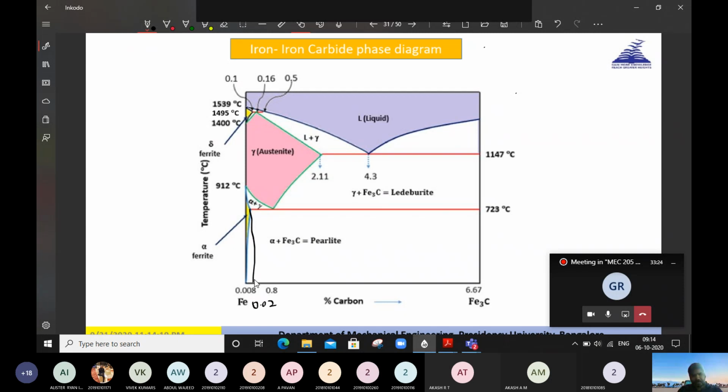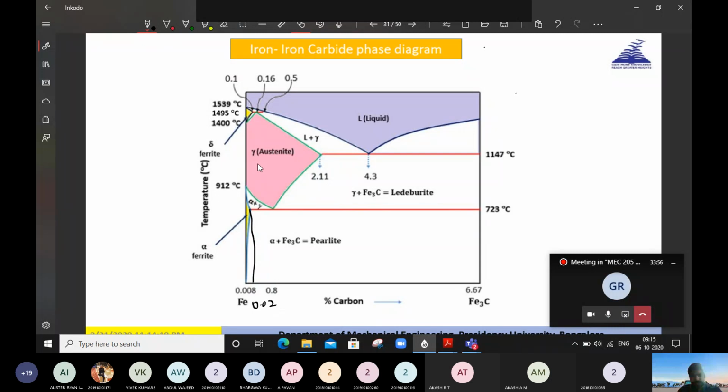Now if I say this is the gamma phase, what is the maximum percentage of carbon that can dissolve in this gamma phase? This point is the maximum carbon that gamma can take, and this is nothing but 2.11. So the alpha phase can take a maximum of 0.02.